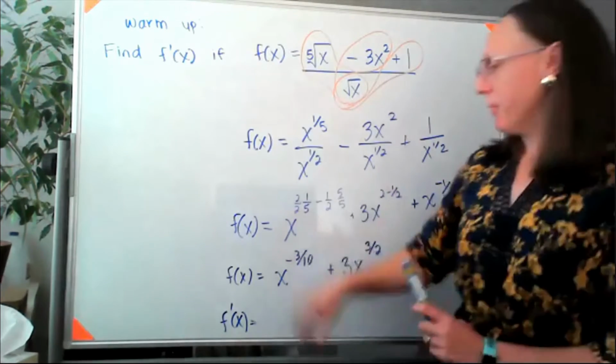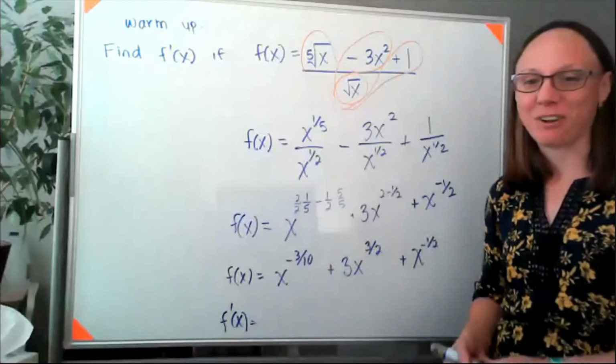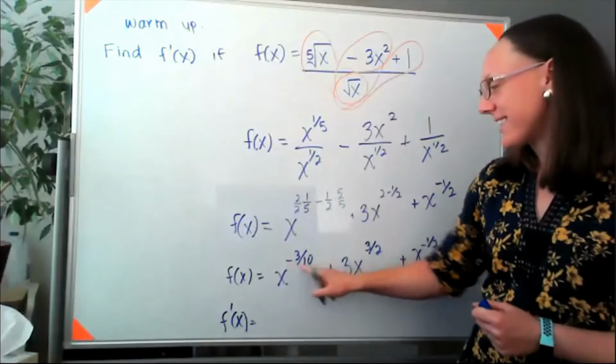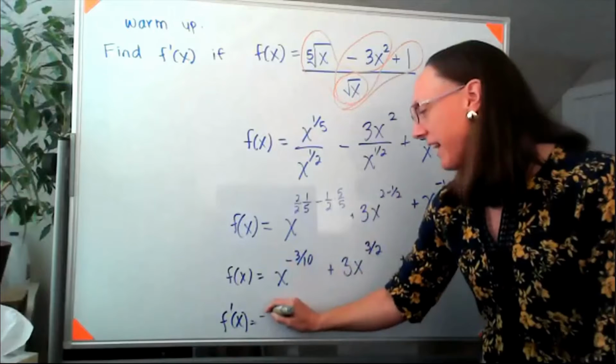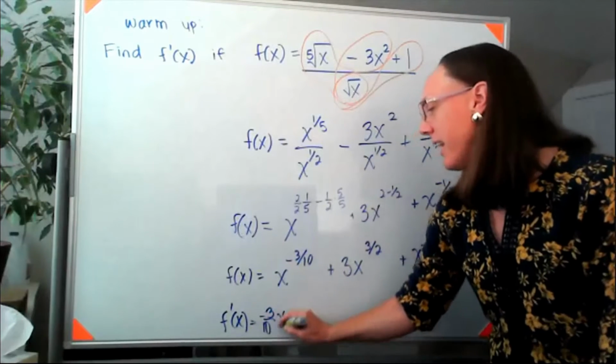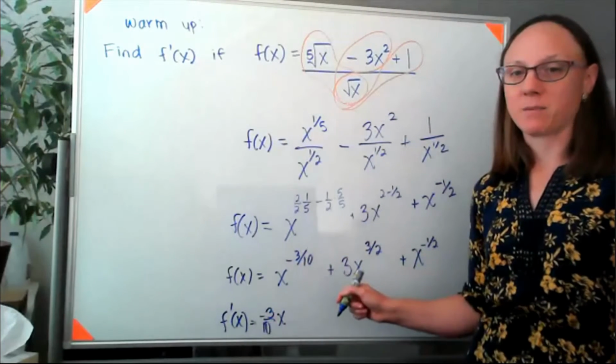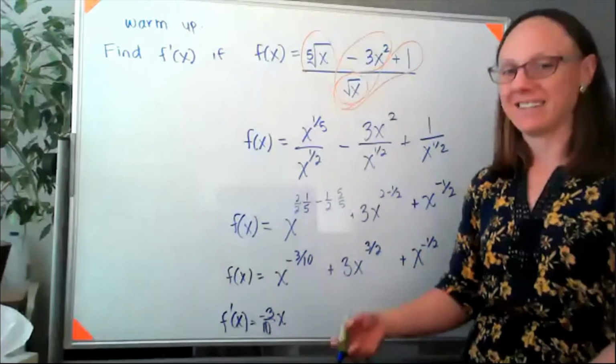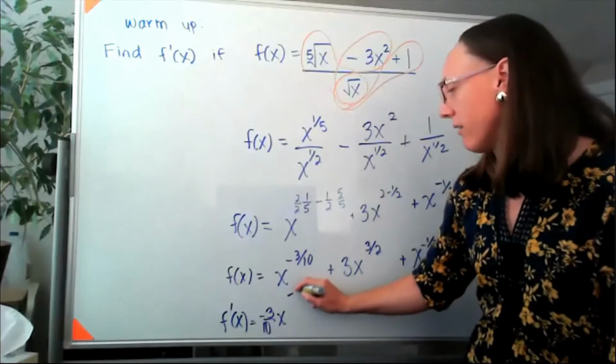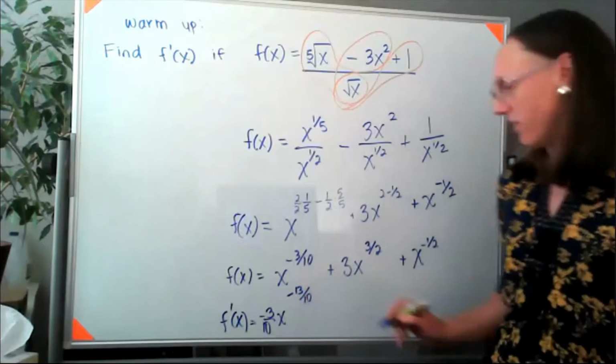Okay, moving on. If I go to take the derivative right now, x to the negative 3/10, I'm going to bring that negative 3/10 down in front. And subtracting 1 from the exponent means subtracting 10/10. So I'd be at negative 13/10.